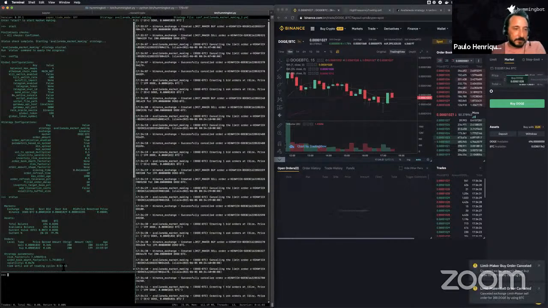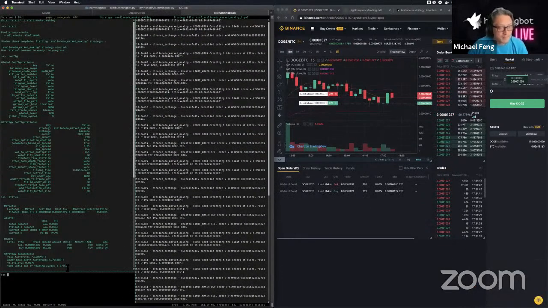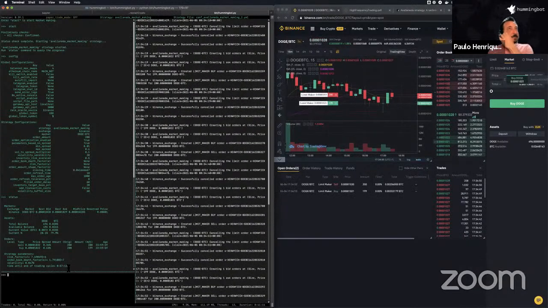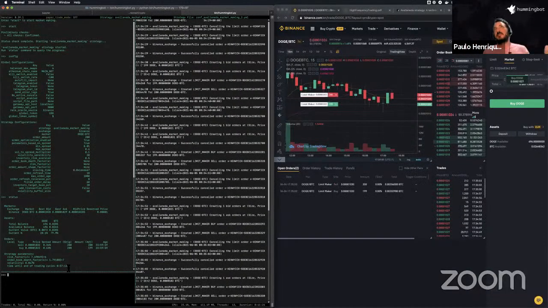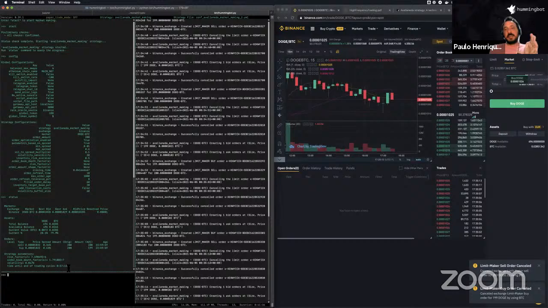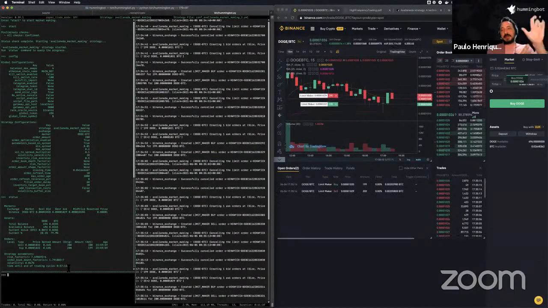57 minutes. Okay, so in this specific configuration, the original idea of the Avellaneda model is that traditional markets have an open time and a close time. It opens at, let's say, 10 a.m. and closes at 5 p.m. So the starting point of the model is that when a market maker starts the day, he starts with X inventory.